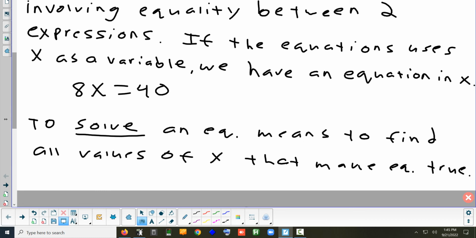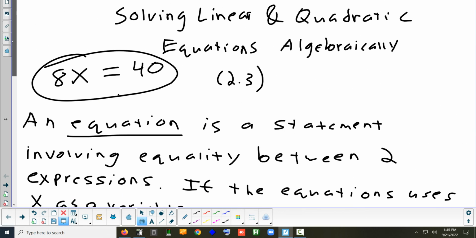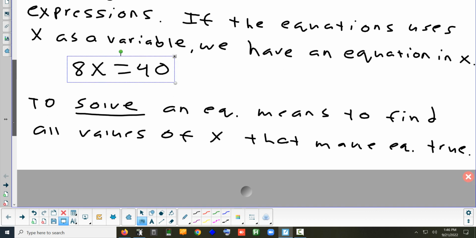Any question on what it means to solve? For an equation like this, there's only one answer. When we talk about quadratic equations, we can get up to 2 answers. And that's the highest we're going to look at today, quadratics, exponent of 2.